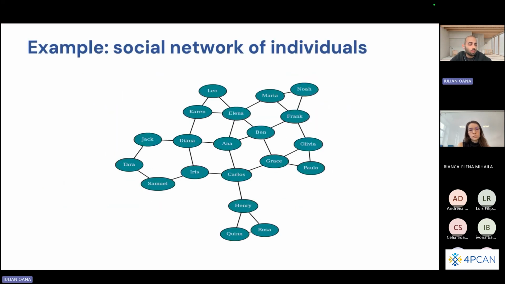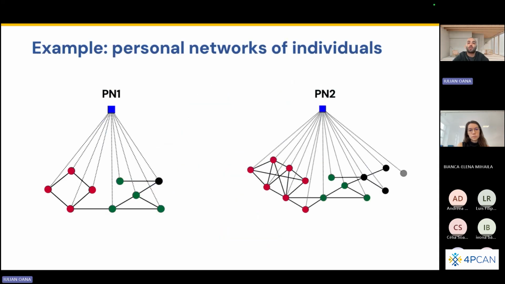Now, in module 2, I also showed some graphical representations of social networks. Generally, if we're looking at the social network of individuals, it can look like this. If we're talking about personal networks, so collections of personal networks from each individual, they can look like this, varying from each person to another in terms of their size, number of ties, composition, and so forth.